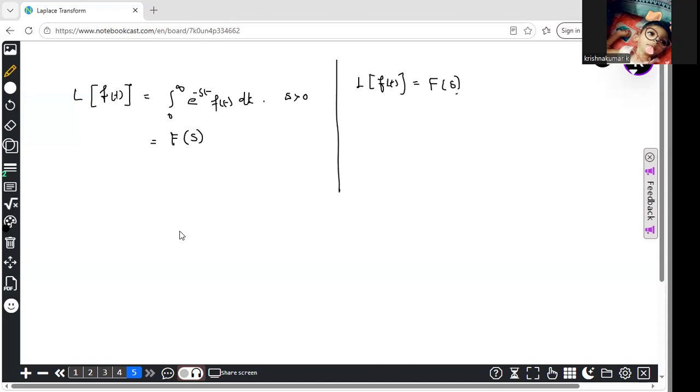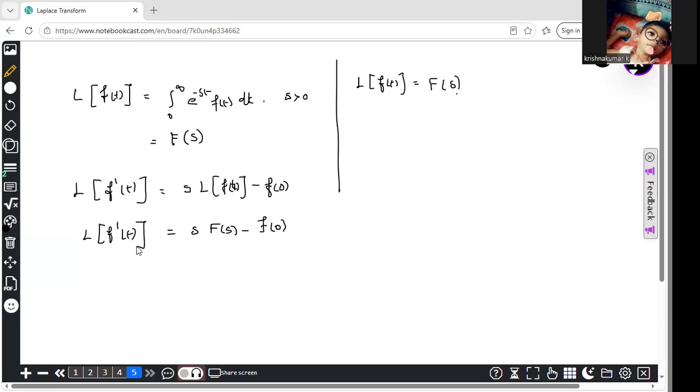Next, we know that the Laplace transform of f dash of t, the transform of the derivative, is equal to s times the Laplace transform of f of t, minus f of 0. This is another formula. Simplifying with this notation, it can be written as s into F of s minus f of 0, because we know the Laplace transform of f of t is F of s.